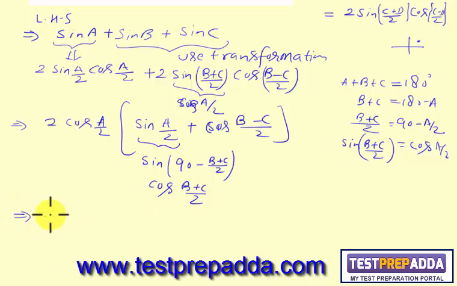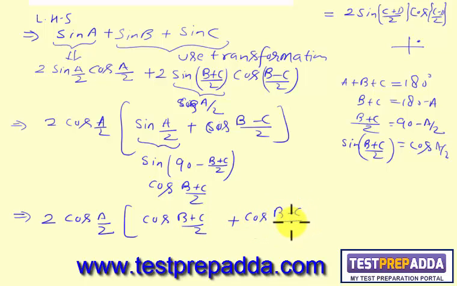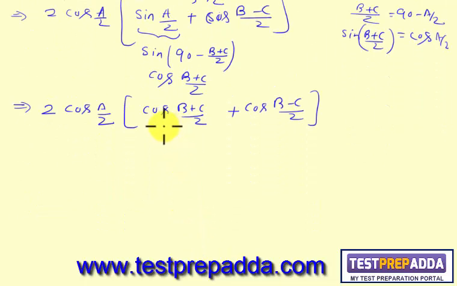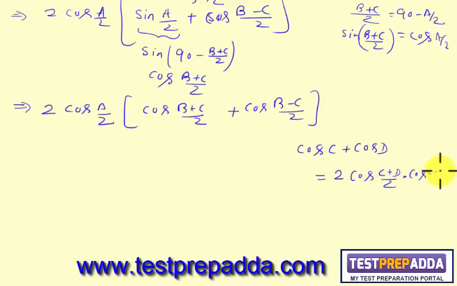So at the end, it is actually 2 cos A by 2, inside the bracket cos B plus C by 2 plus cos B minus C by 2. Now again use the transformation. What transformation? Cos C plus cos D. What is the formula? Cos C plus cos D is 2 cos C plus D by 2 into cos C minus D by 2.